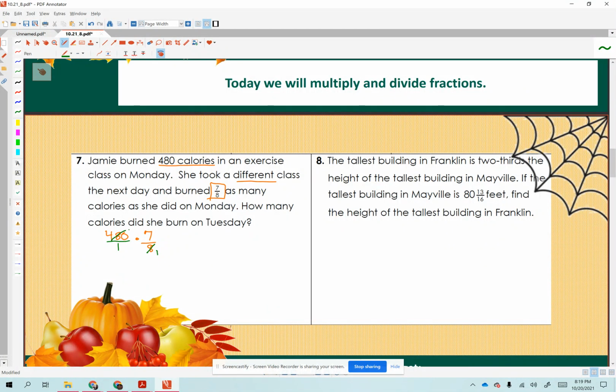So therefore, 480 divided by 8 must be 6 with a 0, 60. So let's rewrite this problem as 60/1 times 7/1, which 60 times 7 is 420, and over 1, which equals 420. Now let's review what this problem is asking us. They're asking us how many calories did she burn on Tuesday. On Tuesday, she burned 420 calories.